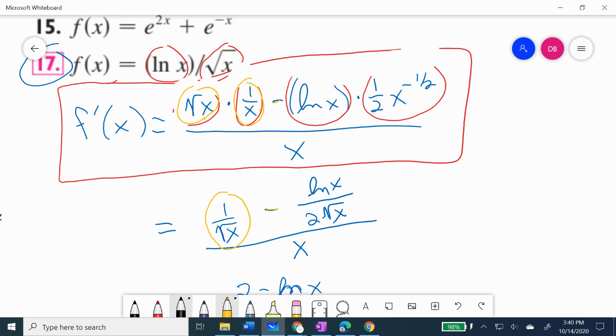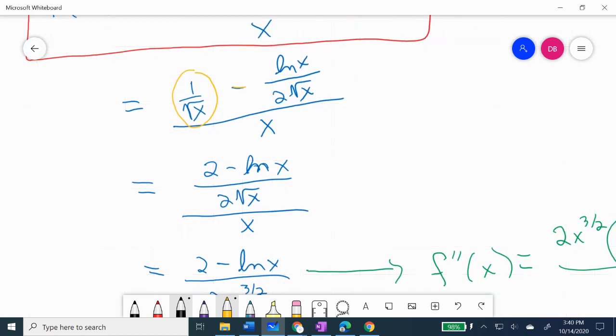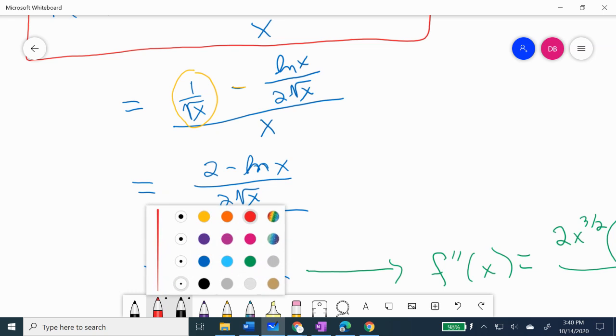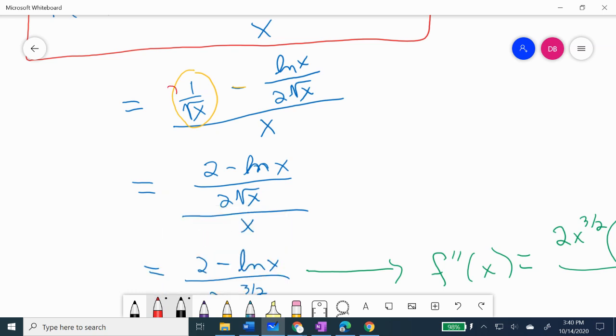And I need to get a common denominator of the numerator's fraction. And luckily, I'm not too far away from that. So if I multiply by 2 over 2 to that left term, I will end up getting 2 and then minus natural log x over their common denominator over x.